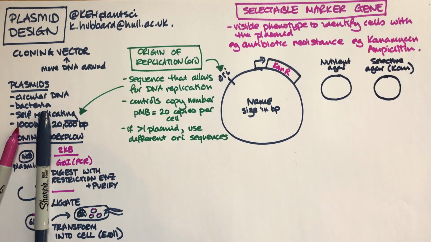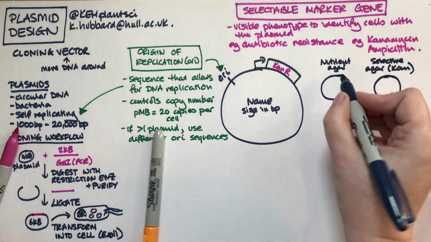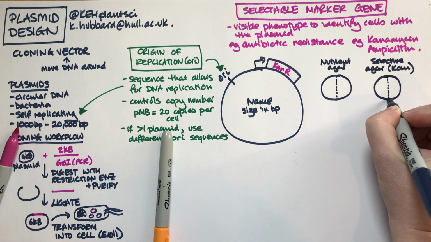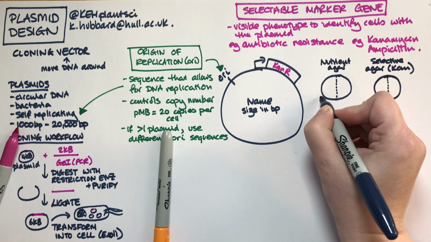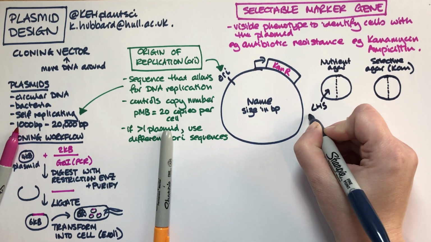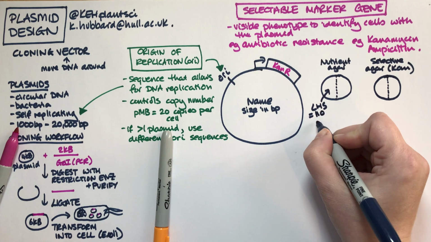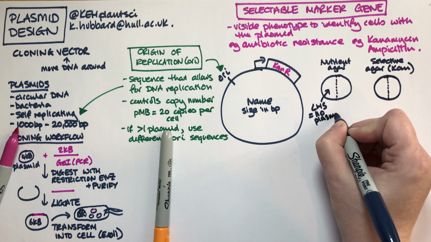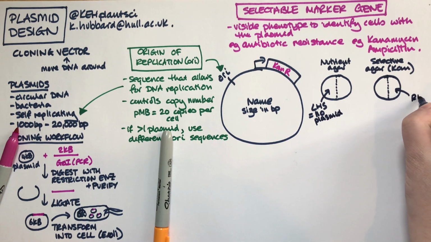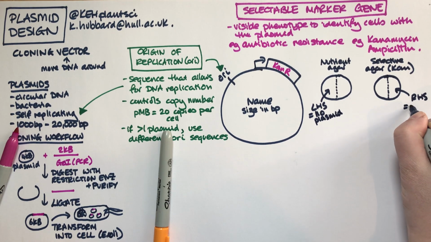So I'm going to divide my plates up. On the left-hand side is cells with no plasmid, and on the right-hand side of both plates is cells with the plasmid.